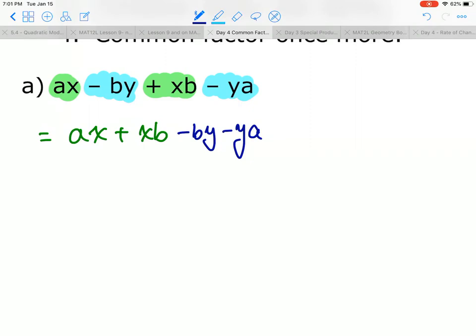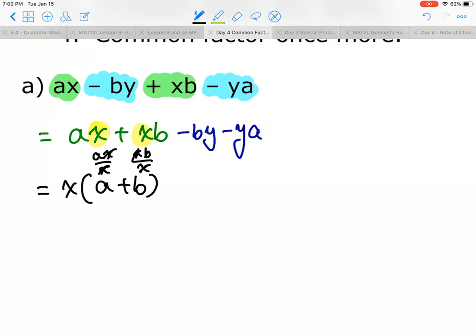Now, from this, hopefully you see that from the first two, the x's are in common, right? So what I will do here is put x as a common factor. So then it will be just a plus b, right? Since ax divided by x is just a, and xb divided by x is just b, right?